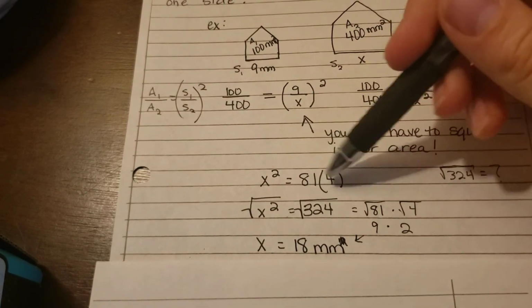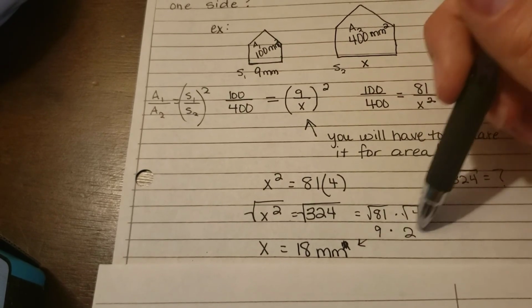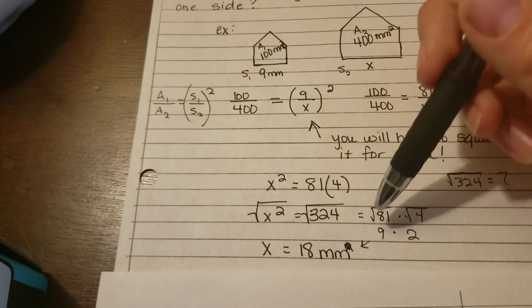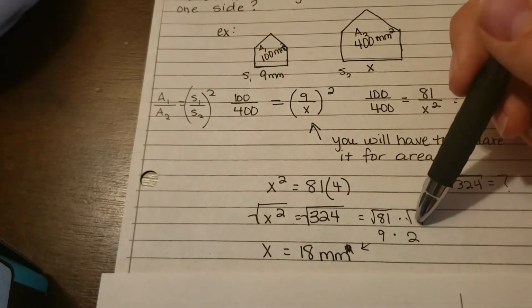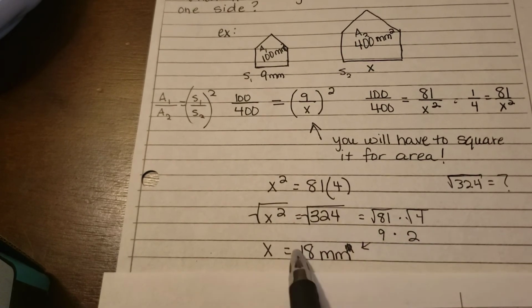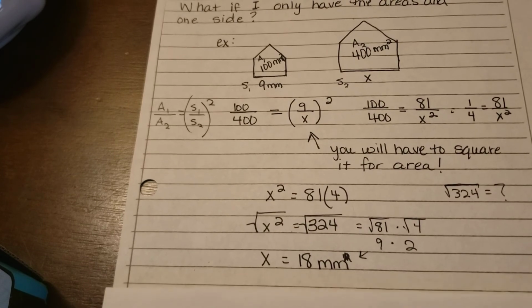But I kept them as separate factors to make this step easier. After taking the square root, the square root of 81 is 9. The square root of 4 is 2. I'm still multiplying them, which gives me my final answer, x equals 18 millimeters.